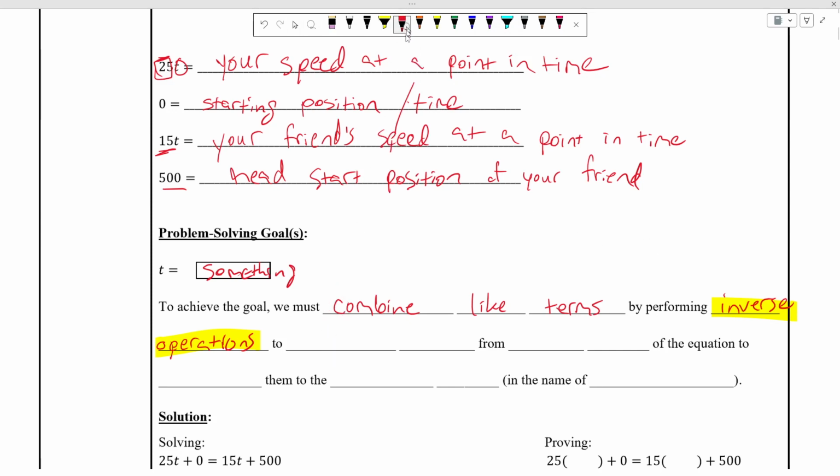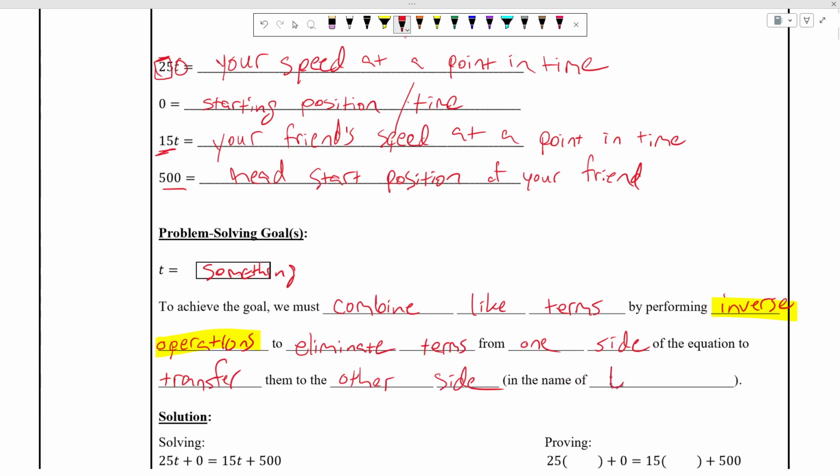So we do the inverse operations to eliminate terms from one side of the equation to transfer them to the other side.